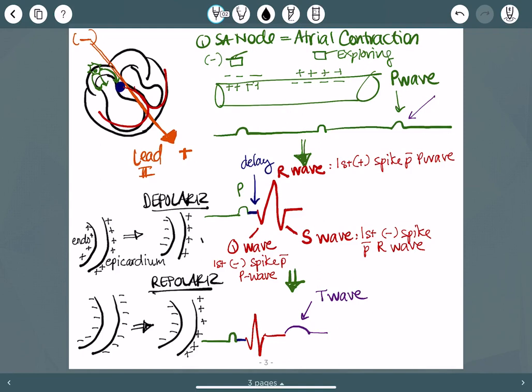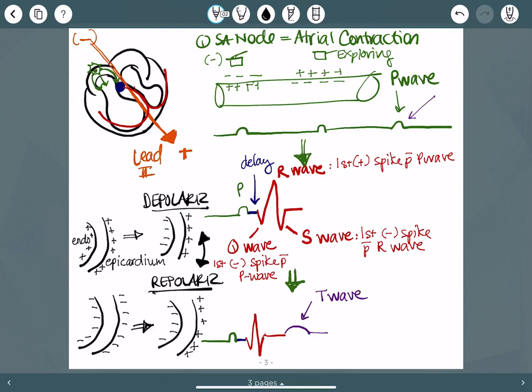If you look at these two, they actually look the same from the electrical standpoint. So if that was something that was going to hold you up in your studying, that is the reason why a repolarization wave is positive, even though what's happening in the cell is very different from depolarization.